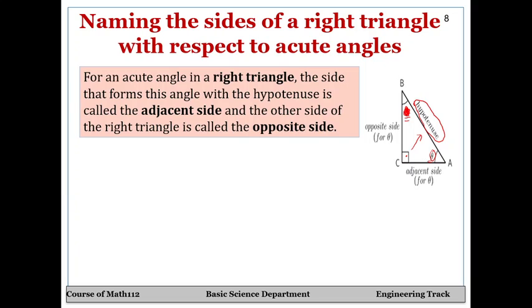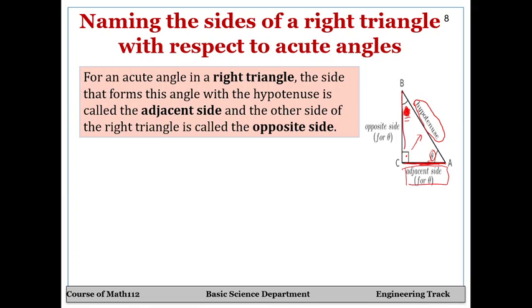Now, this side next to theta is called the adjacent side for theta. Adjacent means it's the neighbor, it's next to it. So we call AC the adjacent side for theta.